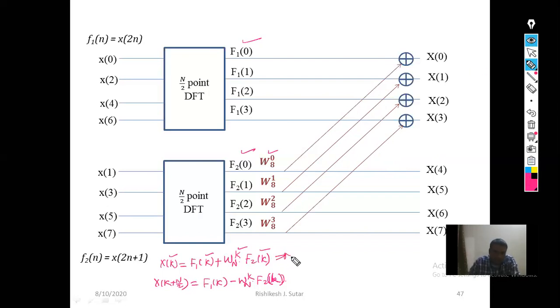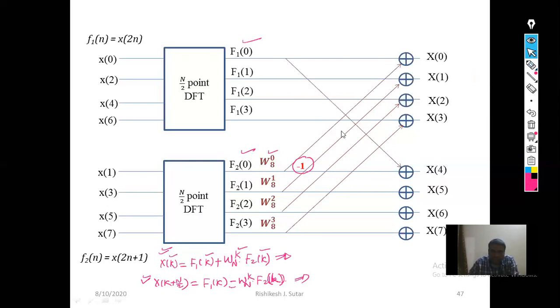So it is for this one. And if I go further for this second one, means x of 4, x of 5, x of 6, x of 7. This equation is for x of 0 to x of 3. This equation is for x of 4 to x of 7. So what is the change? The change is the minus sign. So I have to consider minus 1. I will just check here. So this is minus 1 here, and I will add it.